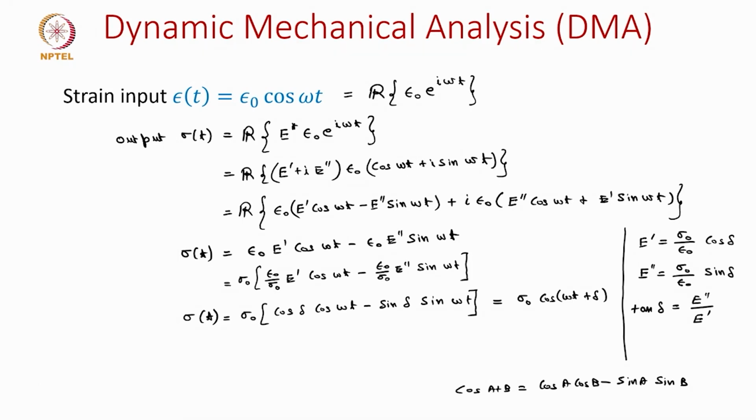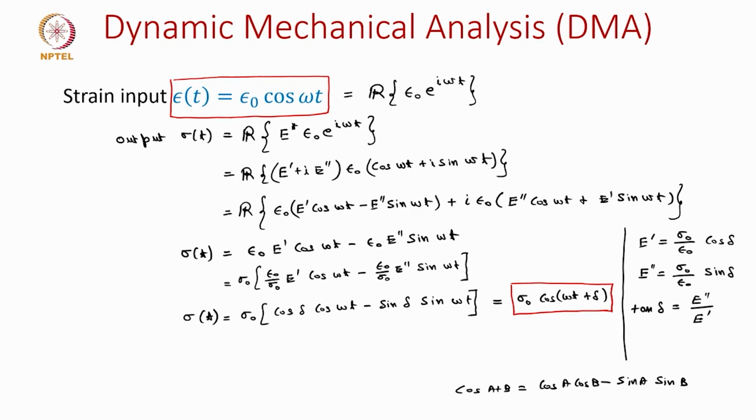So, what we are able to show is for this given input, the output is written in terms of sigma naught times cos omega t plus delta. So, as we can see, both have the same frequency, the only difference is there is a phase shift given by this delta.